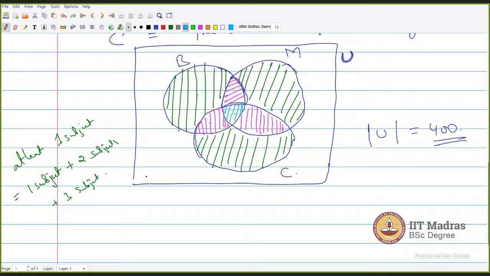Now at least one subject is the union of the green region plus the purple region plus this light blue region. This whole thing is nothing but B union M union C. This cardinality is given as 300.